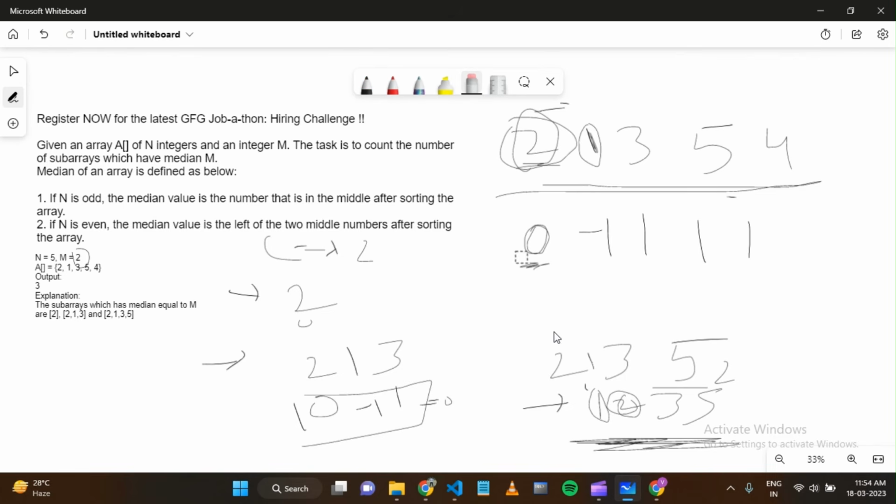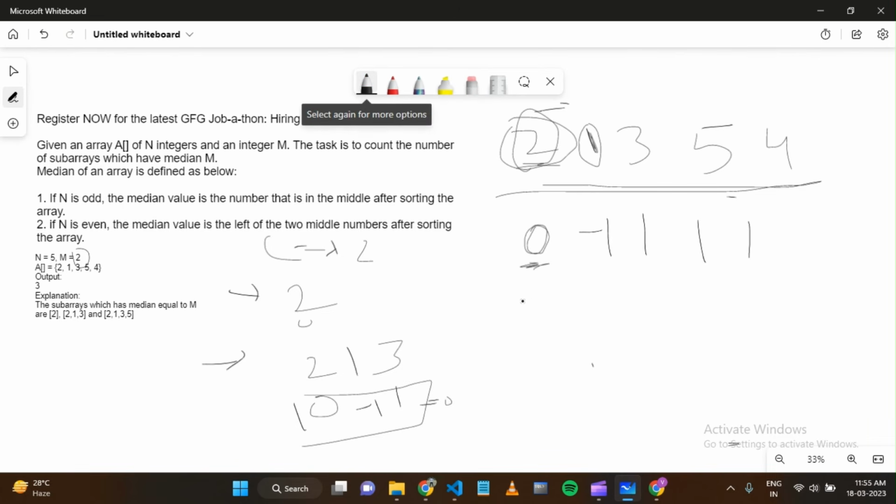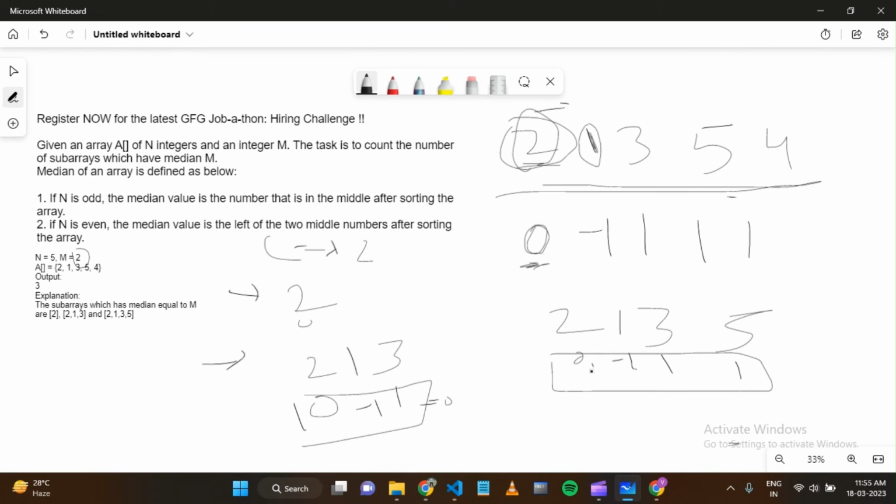So when we mark it, 2 as 0, 1 as -1, 3 as 1, 5 as 1, what do we get as the prefix sum array? 0, minus 1, 0, and plus 1. So that's why we are taking the count of subarrays which have sum as 0 and sum as 1, including that median. So we got 1 and we increase the count.